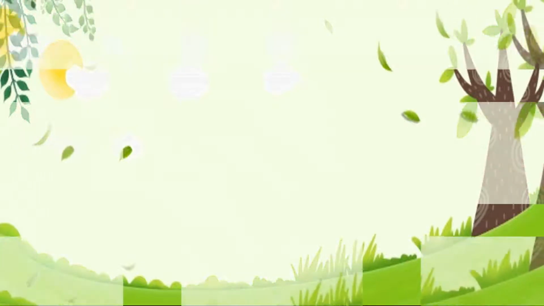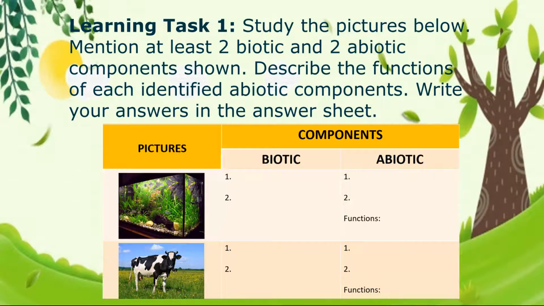Let us proceed to the learning task 1. Study the pictures below. Mention at least 2 biotic and 2 abiotic components shown. Describe the functions of each identified abiotic components. Write your answers in the answer sheet.